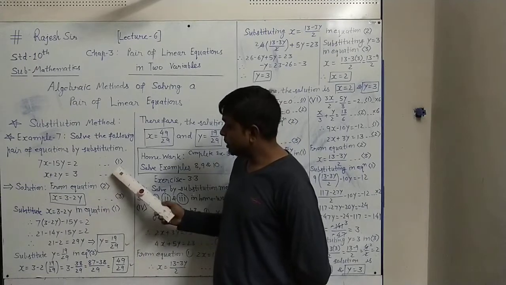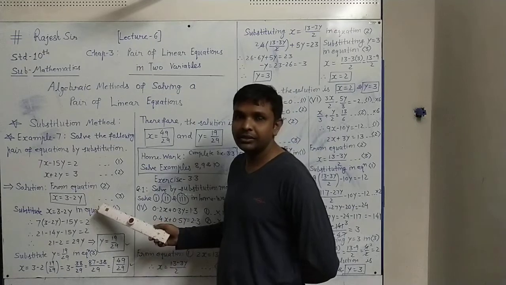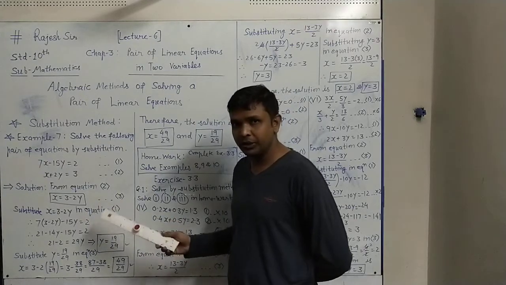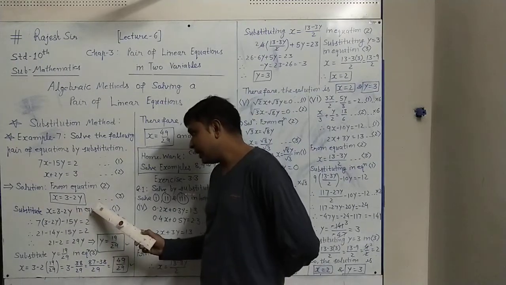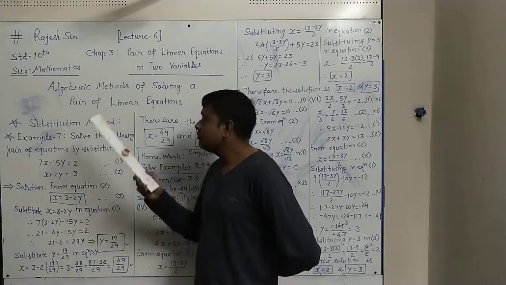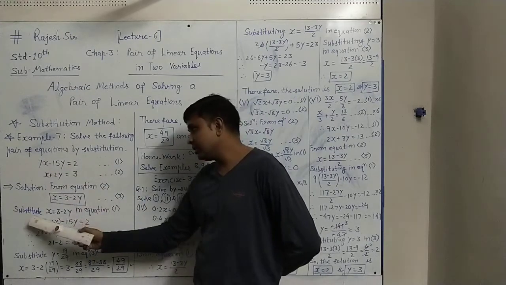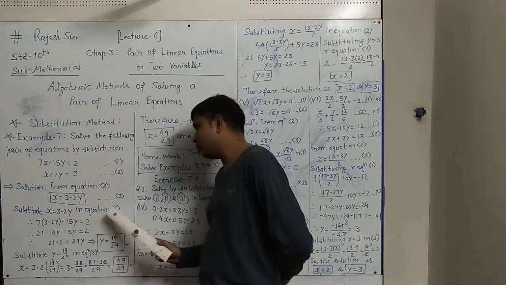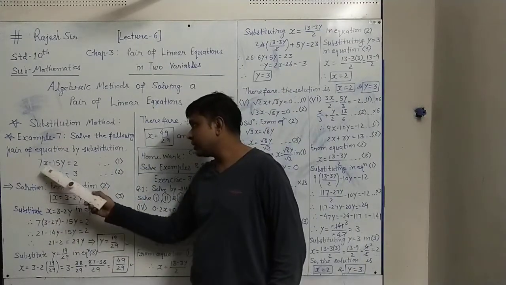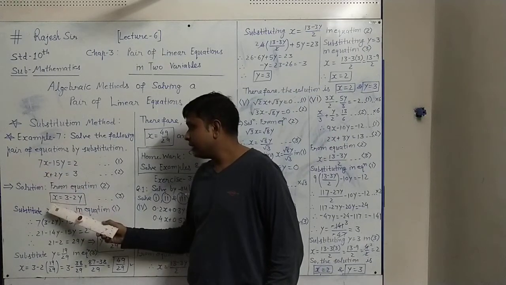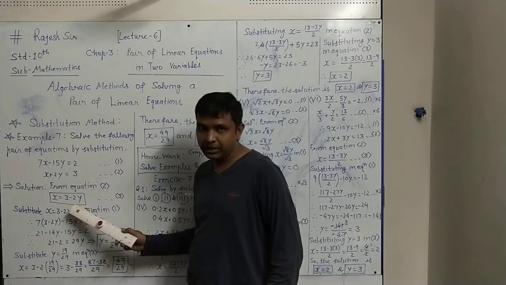We have to put the value of x, which we obtained from equation number 2, into equation number 1. So equation number 1 is 7x minus 15y equals 2, and in that we substitute the value of x that we have obtained.